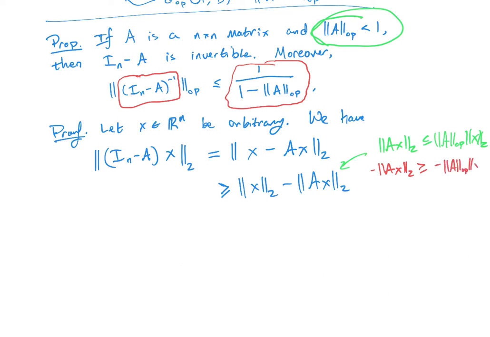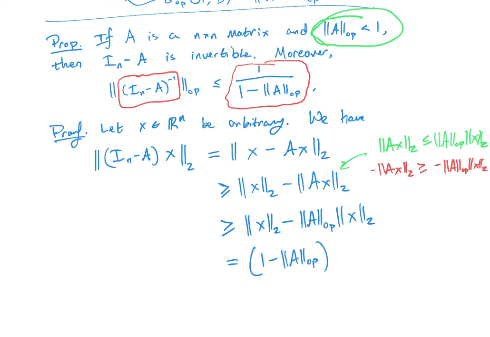That's a lower bound on negative 2 norm of ax. And now we might as well just factor out the 1 minus operator norm of A. There we go.